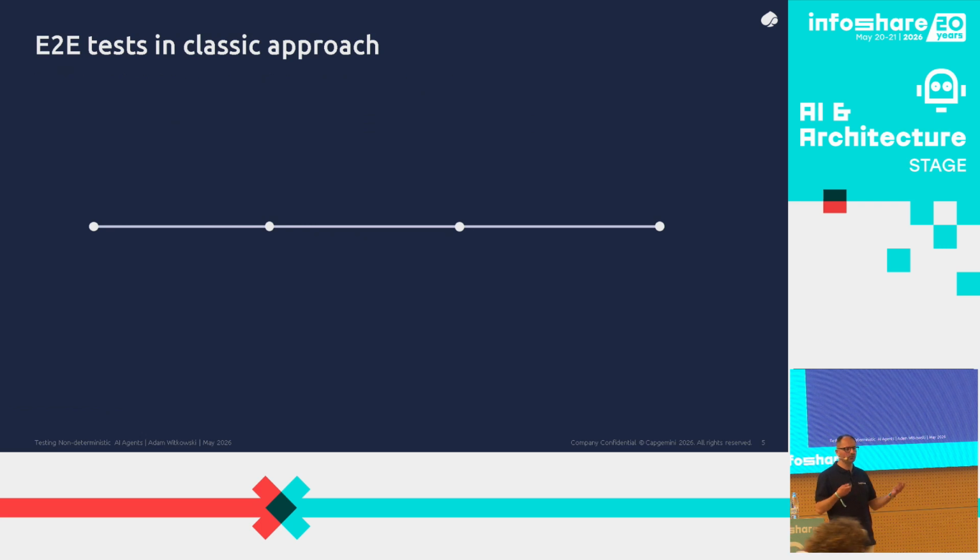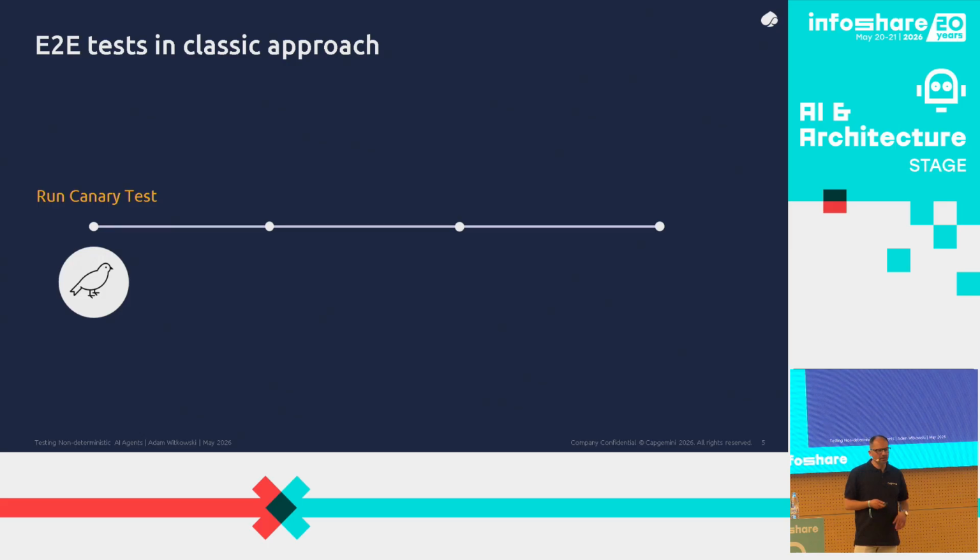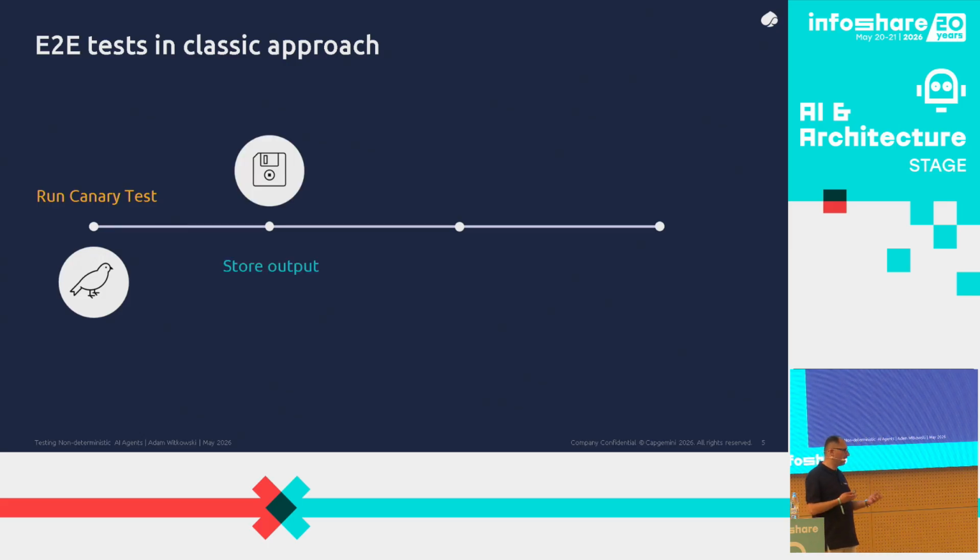So how can we test it? Before Gen AI, testing was looking like this. Some people may hate me for this because it is oversimplified, but just to set the context. I had some IT system. I run some operation, let's say create user. I get some output, let's say JSON, user 123 created, return 200.